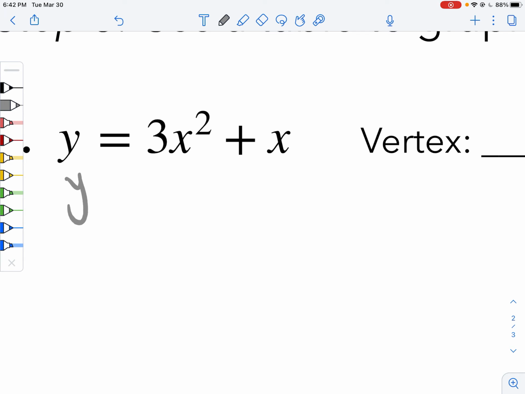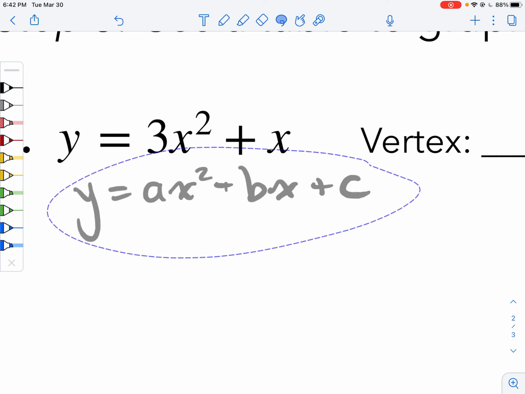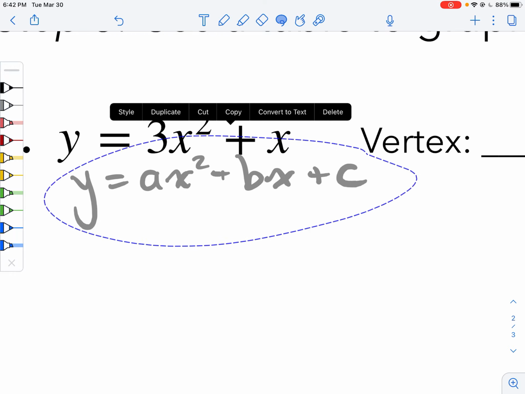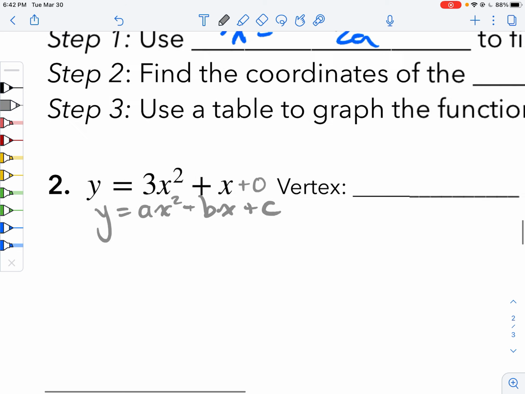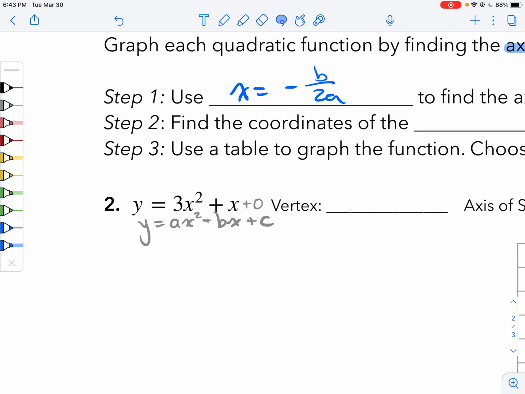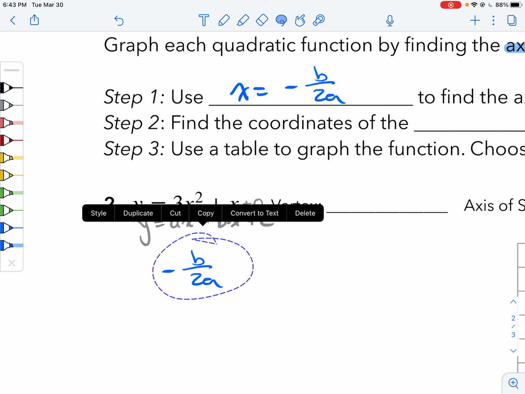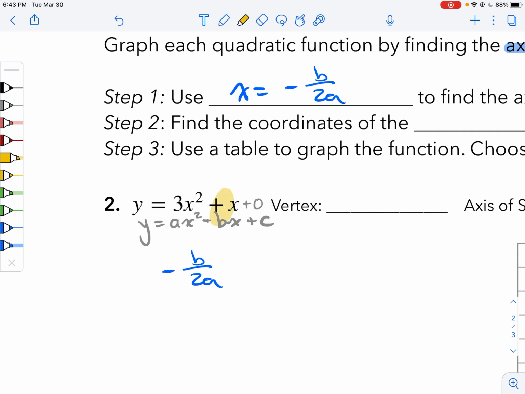So here we've got y equals ax squared plus bx plus c. Oh, guys, we don't have a plus c, but we do. Our plus c is plus 0, so our c is 0. Okay, so negative b over 2a. Our b here is 1.